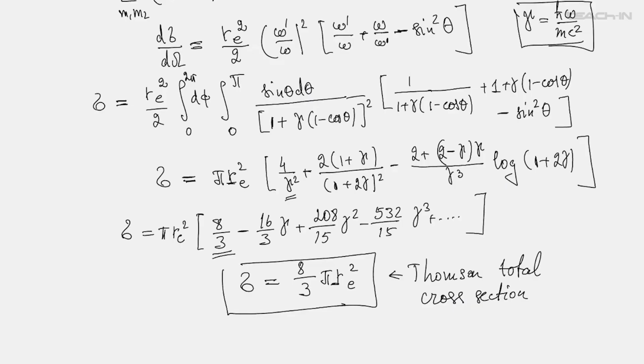What is interesting is that the Thomson total cross-section does not depend on anything else. It's just the classical electron radius squared. So the answer depends only on the electric charge and on the mass of the electron. Further corrections come from quantum effects, quantum field theory, which make the difference between classical electrodynamics and quantum electrodynamics.